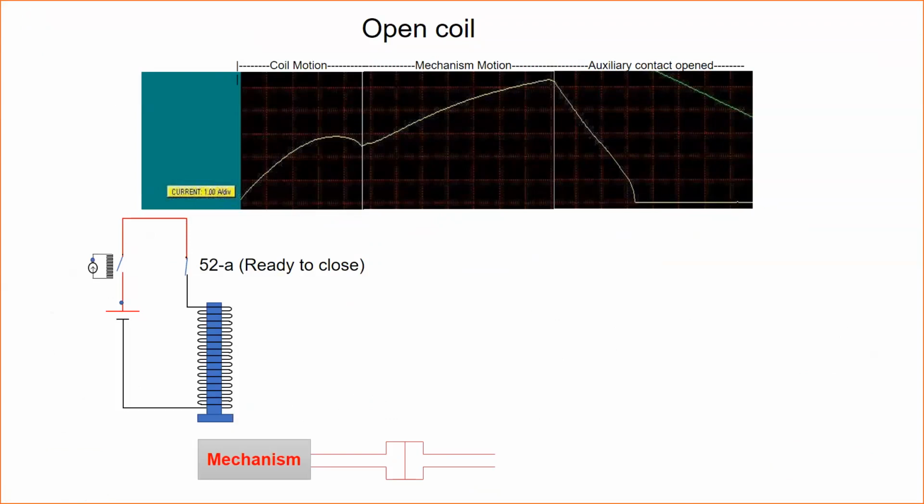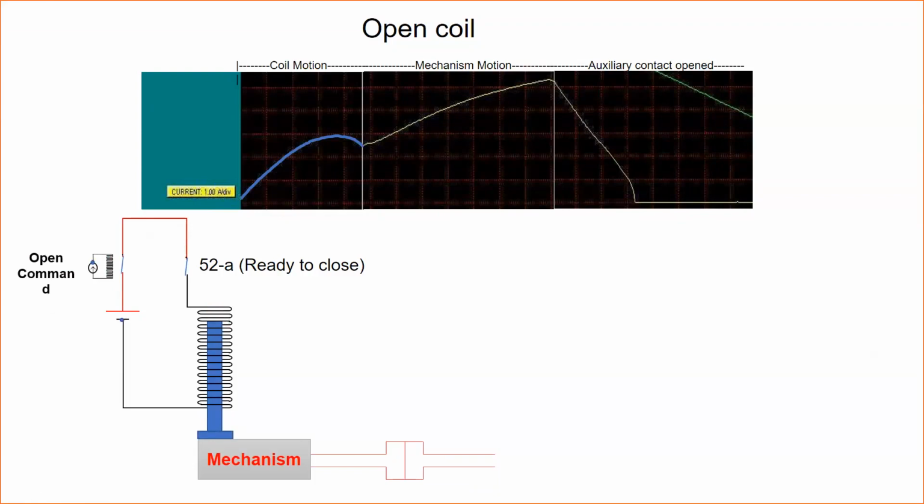So when I give an open command to my coil, the coil will be energized and the current will start flowing through that coil. Once that current starts flowing, the plunger will start to move and release that trip latch.